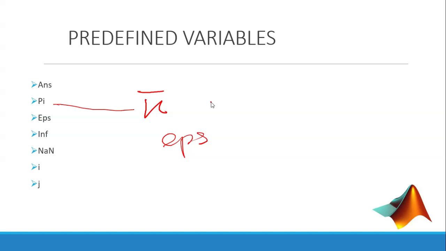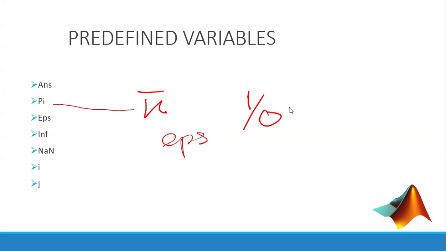Now the next one is infinity. For example, if I give an equation like 1 over 0, you know that 1 over 0 is infinity. So MATLAB is going to display infinity. Then the next one is NaN, which is not a number.